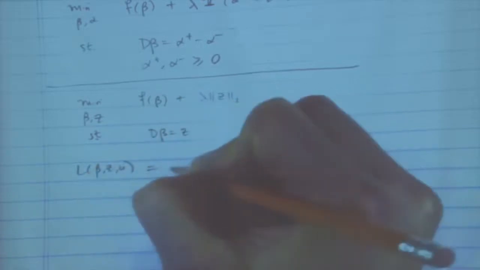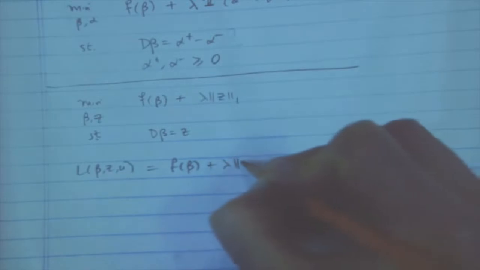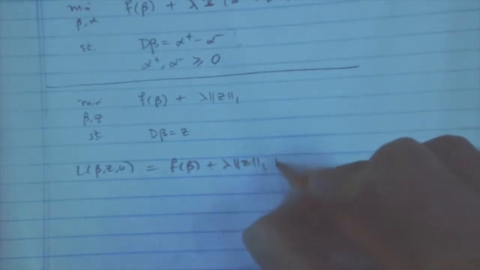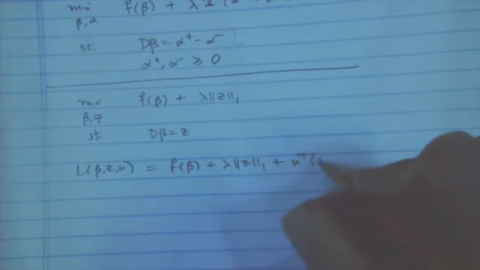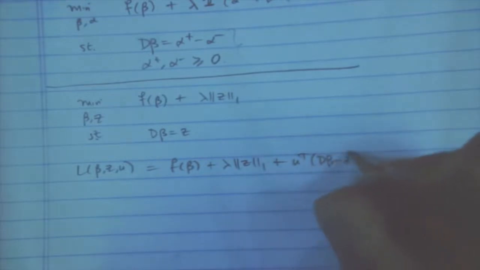That will give you some trouble. So you're going to substitute in z to get rid of that transformation to make your life easier. That's what I did here. The Lagrangian now is a function of beta, z, and u. It's f of beta plus lambda L1 norm of z plus u transpose (D beta minus z).